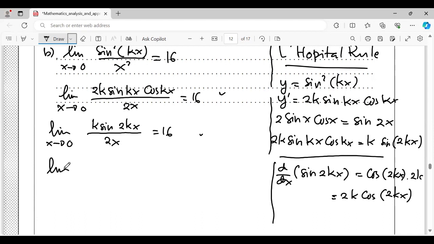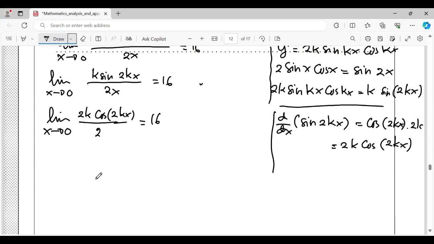So limit x approaches 0. The derivative of this one is this one, 2k cosine 2kx over 2 equals 16. Now substitute 0.